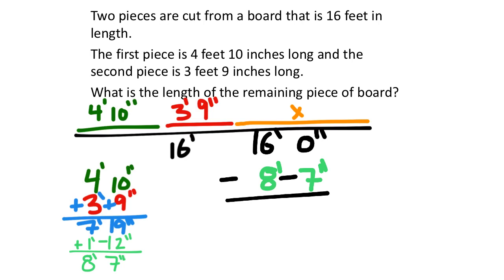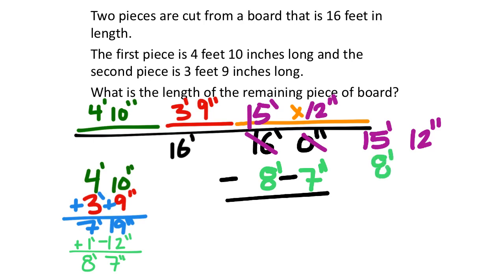So I'm going to take away one of these feet, right, and make that 15 feet. And instead of 0 inches, we're going to make that 12 inches. So rewriting this, I get 15 feet 12 inches because it still has the length of 16 feet. And I am going to subtract that 8 feet 7 inches.